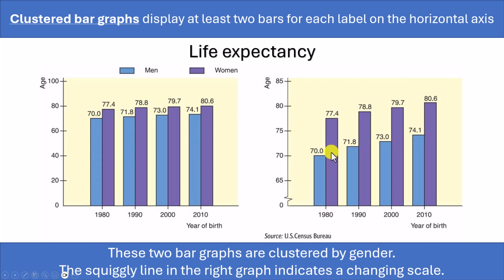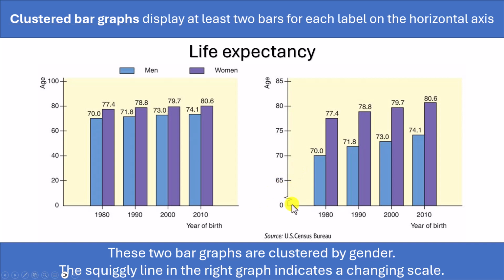Let's just look at the 1980 women bar for the life expectancy. It's almost twice as large as the bar for men. But the numbers don't play that out, right? The 77.4 is not twice as large as the 70. So for that reason, this graph on the right could be considered to be a little bit misleading. So we would ideally like to have a graph like the one on the left that does not have this changing scale.